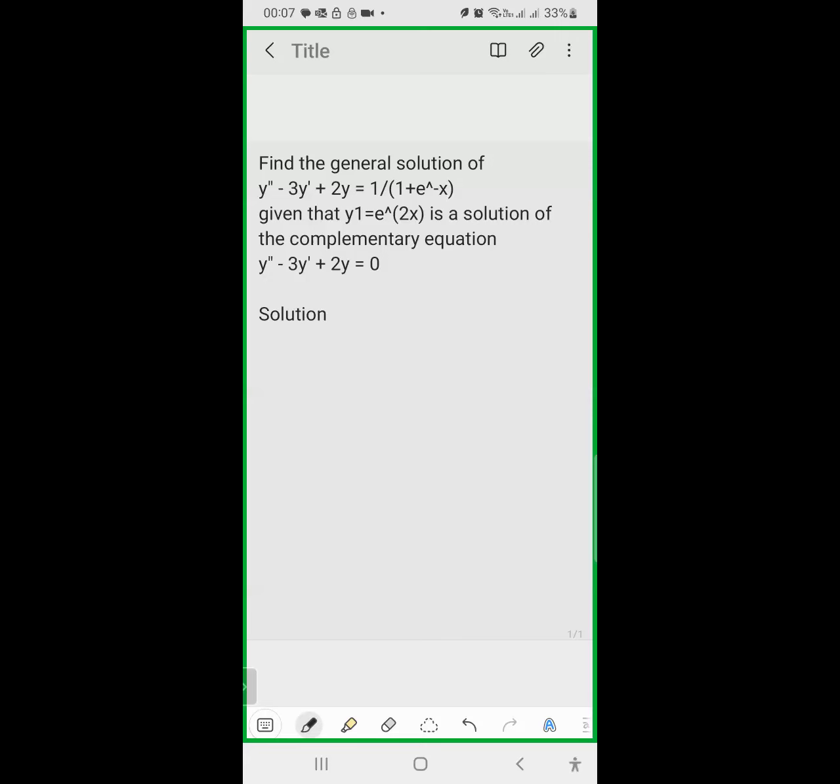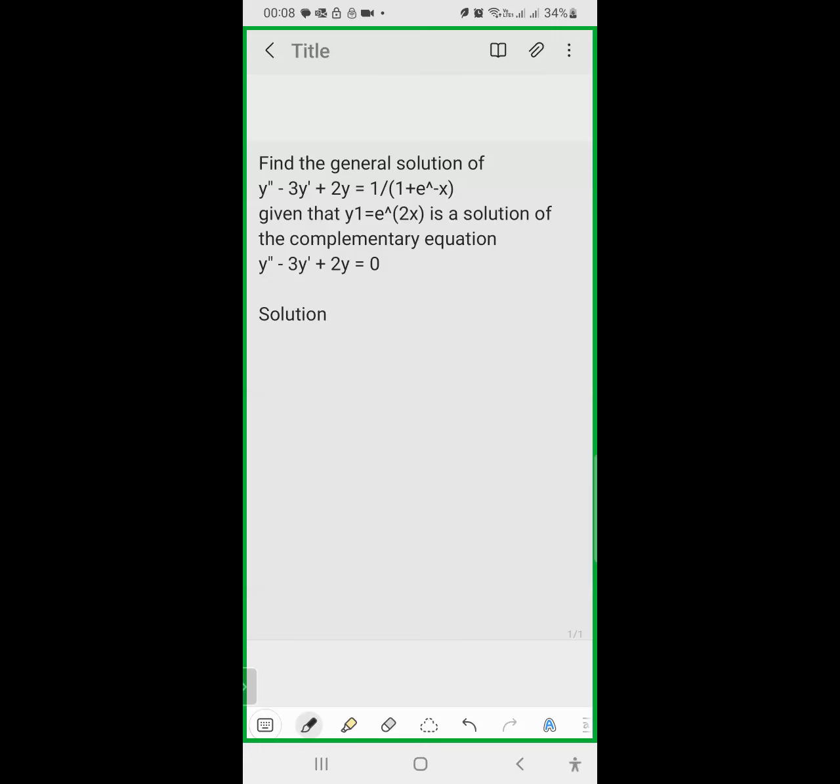But in this case, we are given the first solution y1 of x to be equal to e to the power 2x. So as a result, we need to use the method of reduction of order in order to find the general solution to this given second order differential equation.